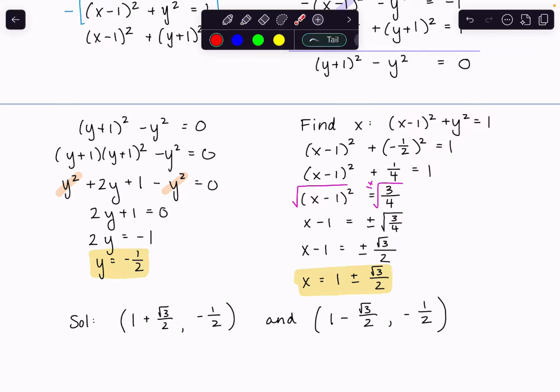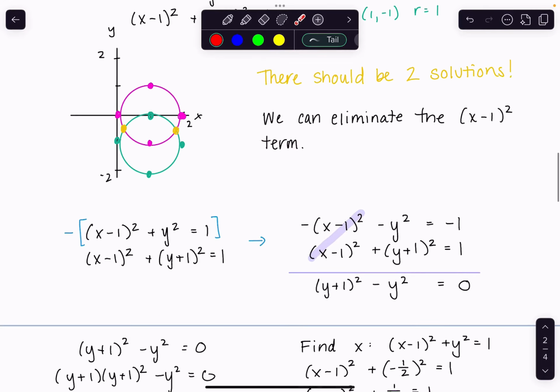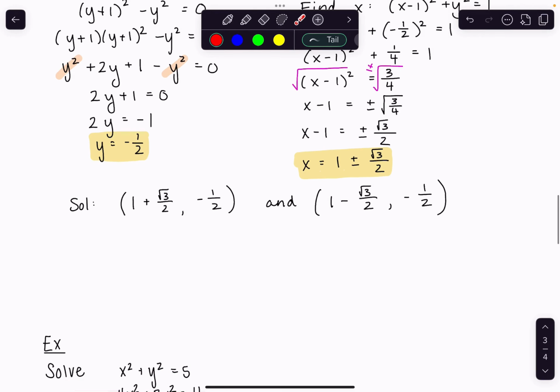You could sit there and try to check these, but it's kind of messy. I know there are two solutions, and based on the symmetry, they should have differing x values, but they should have the same y values. So I ended up with two solutions. It seems reasonable from here.